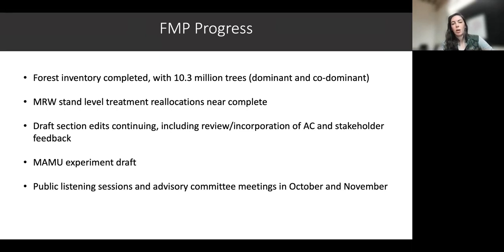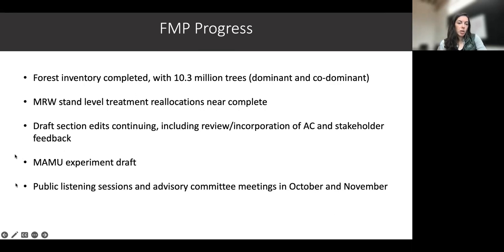So we are reviewing all that information, incorporating edits into those documents, and we'll be sharing updated sections back with the FMP working group. There will be further opportunities, of course, to provide input. We'll have another listening session in October and one in November, as well as more FMP working group meetings and advisory committee meetings. So we'll be sharing information ahead of time on all of those sections.